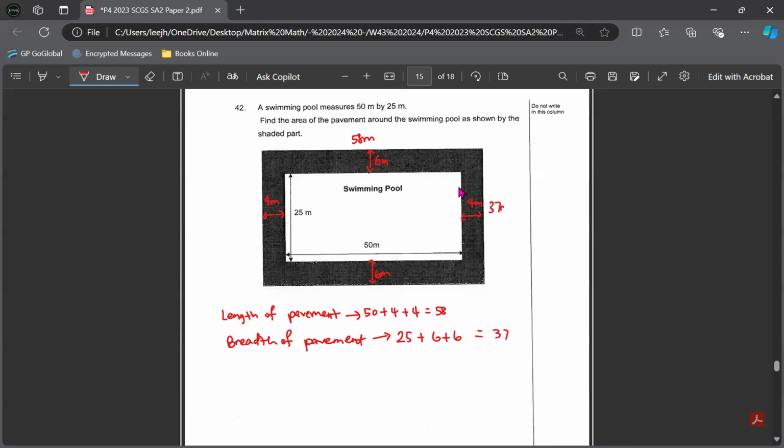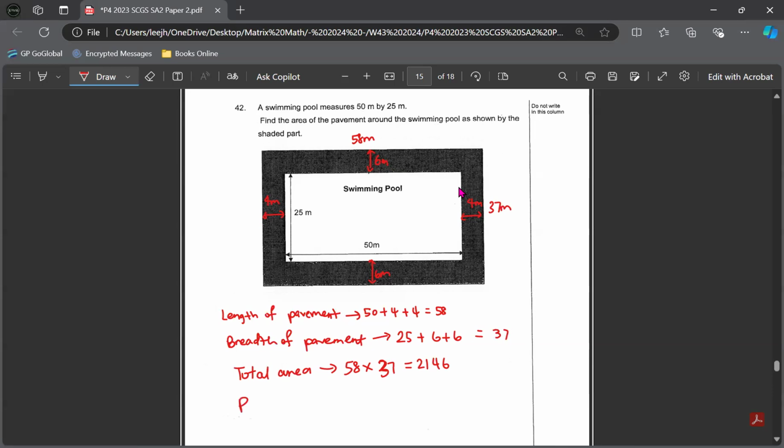The whole thing 37 meters. So we need to find out what is the total area of the pavement, the ground of the pavement with the pool. So total area, length times breadth. 58 times 37, sorry, equals 2146.